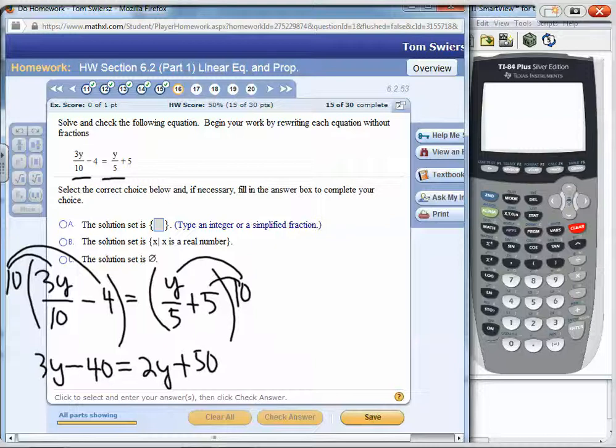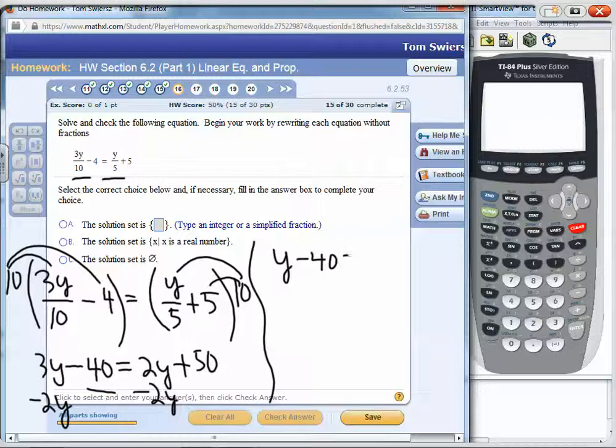So now we would go ahead and get y's on one side. We could subtract 2y to cancel out the y's on the right side. 3y minus 2y is just 1y, or just y, right? We don't need to write the 1. And then I still have the minus 40, right?